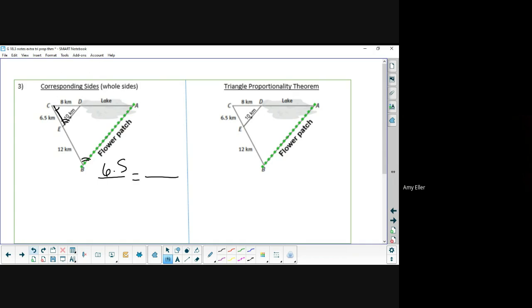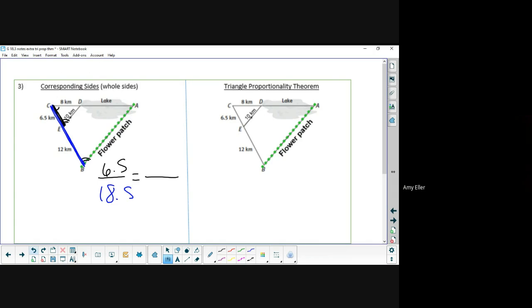6.5 is right here. That's the small triangle. That goes with this side in the larger triangle. That side is 6.5 added to 12, 18.5. Now we need to go back to the small triangle.